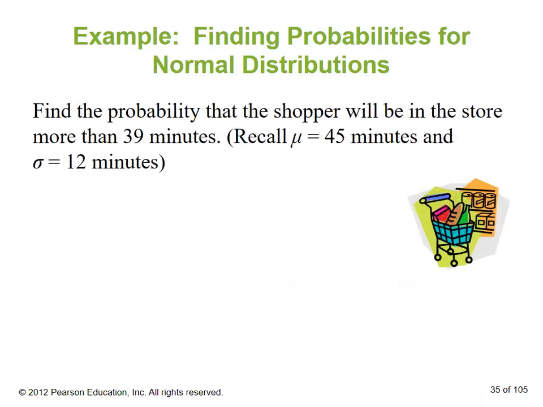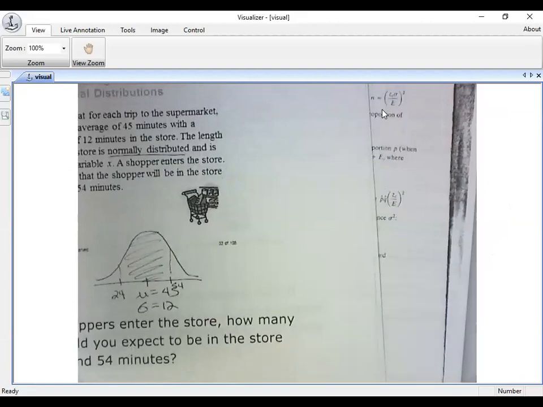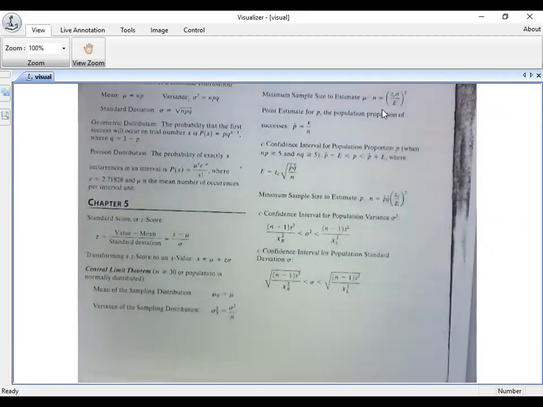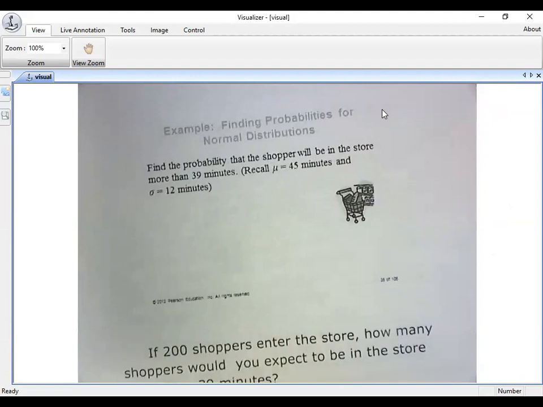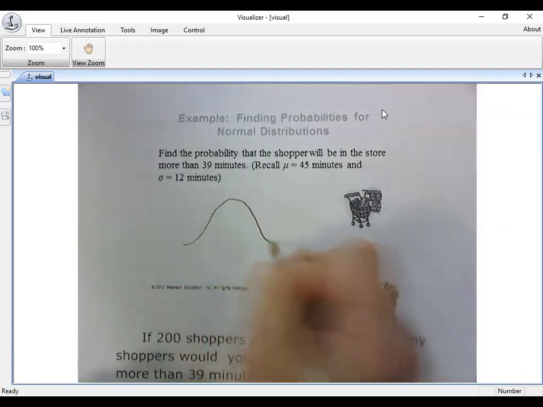Same basic information, but now we're going to tweak it a bit to where we want to find the probability that the shopper would be in the store for more than 39 minutes. Now, is that actually a different graph? It is. So what I want to do is take us back to the notes, and we better sketch the graph again.